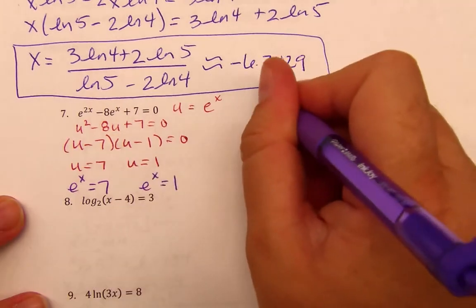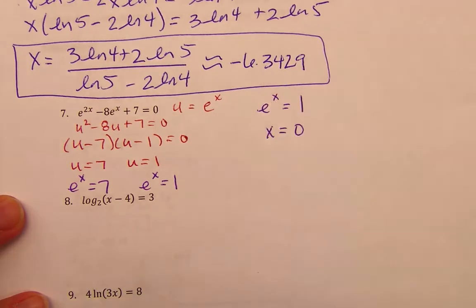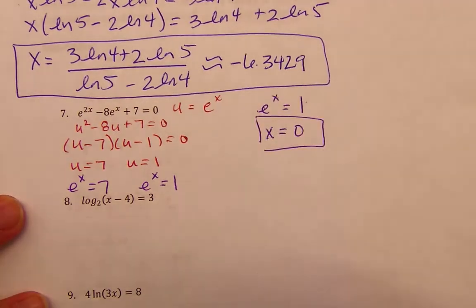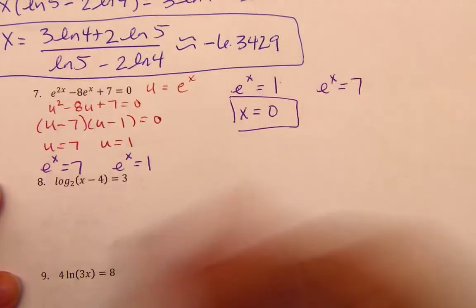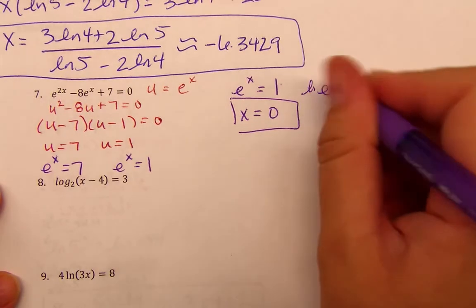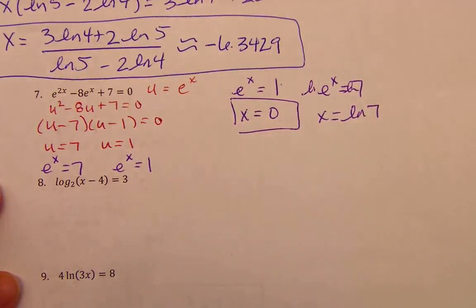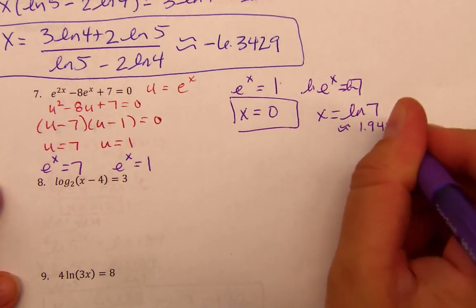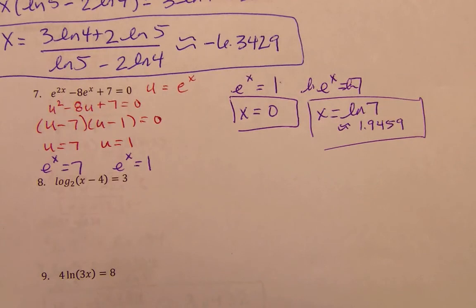Well, e to the power of x equals 1, x has to equal 0 because anything to the 0 power equals 1. That's the only way to get 1. E to the power of x equals 7, we can take the natural log of both sides, and that's going to give us x equals natural log 7, and when we plug that in our calculator, we get 1.9459. Those are two answers.